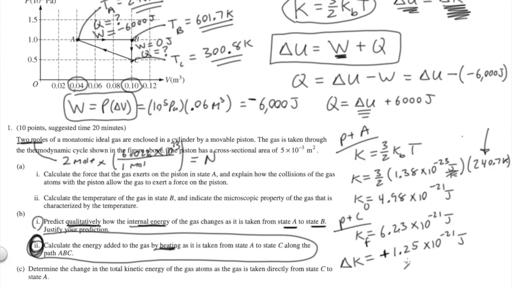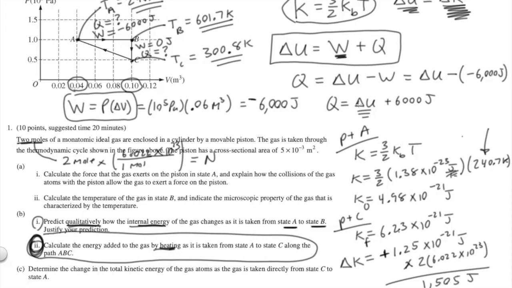We multiply this by that, and that gives us 1,505 joules. So the kinetic energy went up by 1,505.